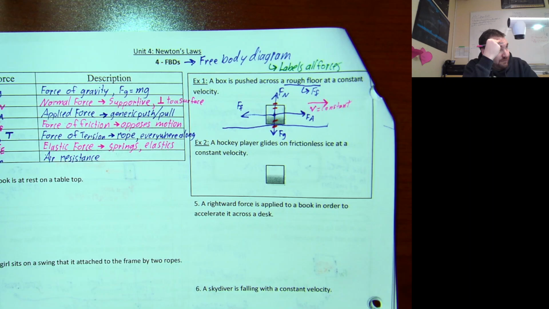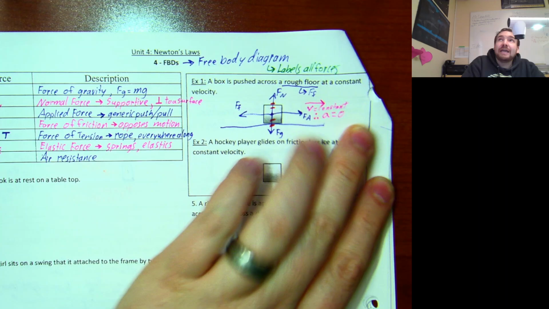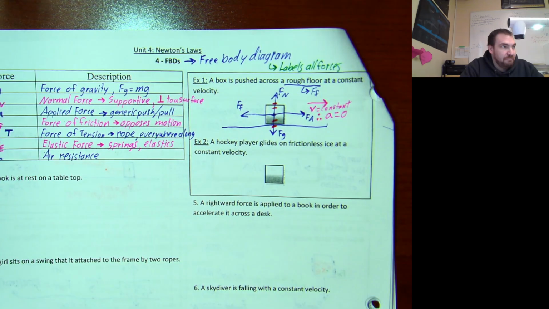Like acceleration, for example. If velocity is constant, what does that mean for acceleration? 0. Acceleration is 0. So these three dots in a triangle mean therefore. So if V is constant, therefore A is 0. If acceleration is 0, what does that tell us about, I don't know, net force?